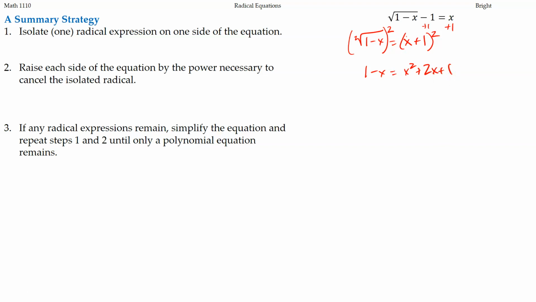Now I would have to look at this, and in some problems, not this one, you might have radicals remaining despite your squaring efforts. So what you need to do is repeat steps 1 and 2: isolate the radical, raise each side to the power necessary to cancel the radical, and repeat until you have no radicals remaining. You always need to re-isolate the radical. And from here, it's really just solving a polynomial equation.